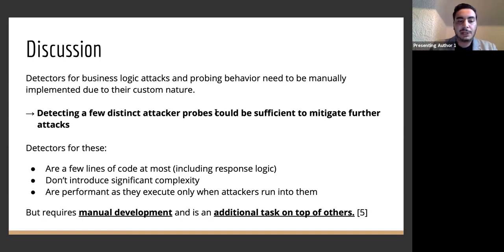And in general, the detection concept here, the placement of detectors only at those places where you get high fidelity alerts, is also very performant, because benign users are never supposed to come across these detectors in the first place. So basically, only attackers are causing this additional computation, and the kind of computation going on there is not something complex. But still, because of its custom nature, it is very manual when it comes to the implementation.